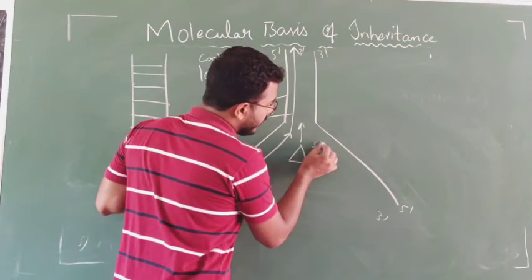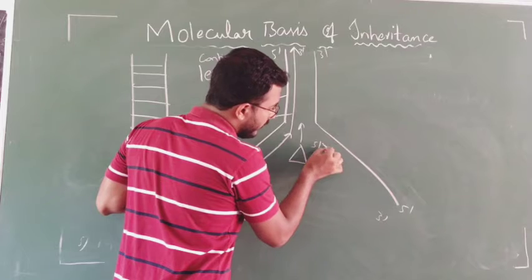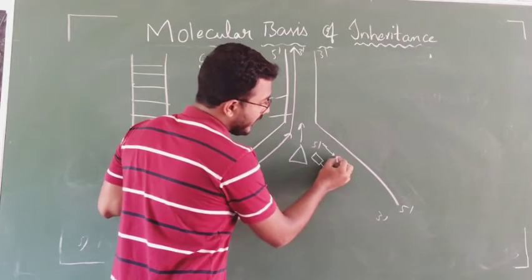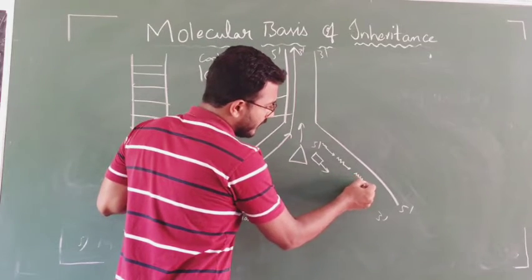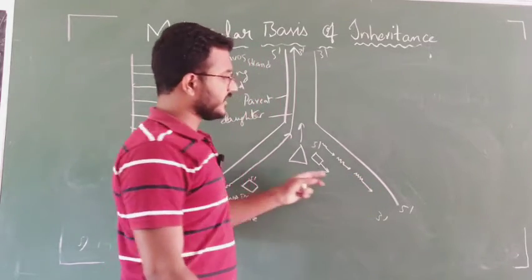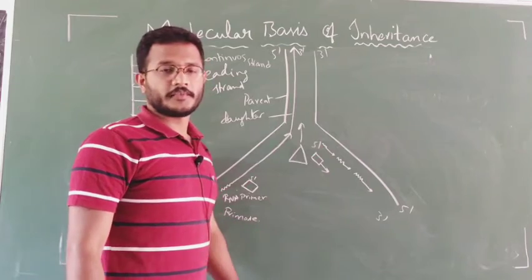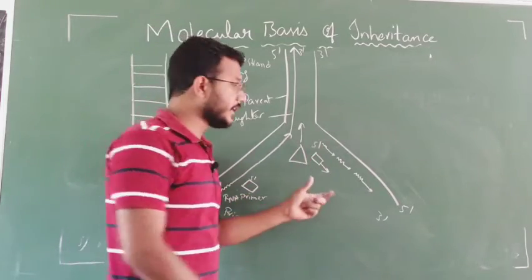As a result, there is an RNA primer and a short strand of DNA, and again an RNA primer and a short strand of DNA, again an RNA primer and a short strand of DNA. Like this, the entire strand will form.